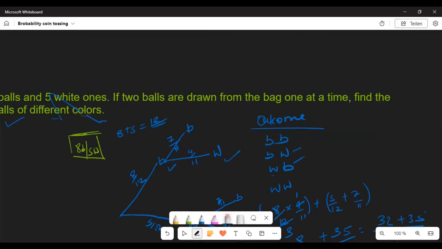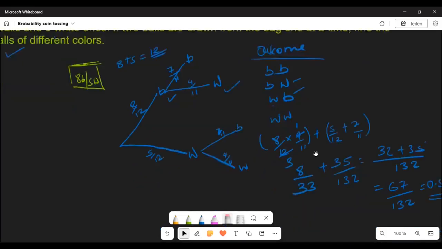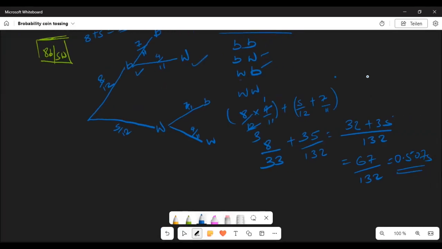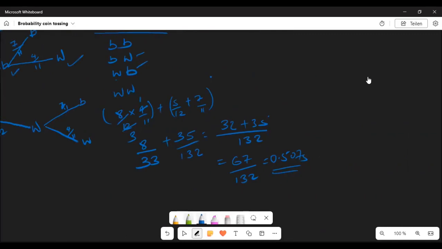So to answer that, the probability of getting at least 2 different colors after drawing will be this one here, 0.575. That's the probability of getting at least 2 different colors. So that one is done.